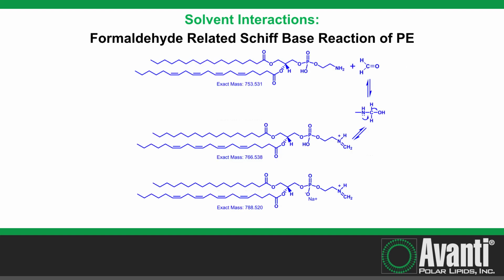So formaldehyde is doing this chemistry of Schiff base formation with the amino group, and that's adding 12 mass units, which is just a carbon, because you're replacing 2 protons and adding just that methylene group from the formaldehyde. So you're adding an adduct, and these adducts appear at a different mass than what you have.